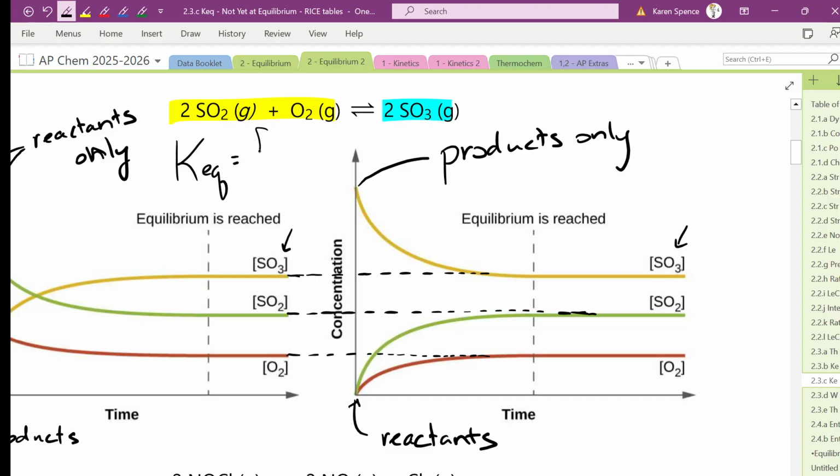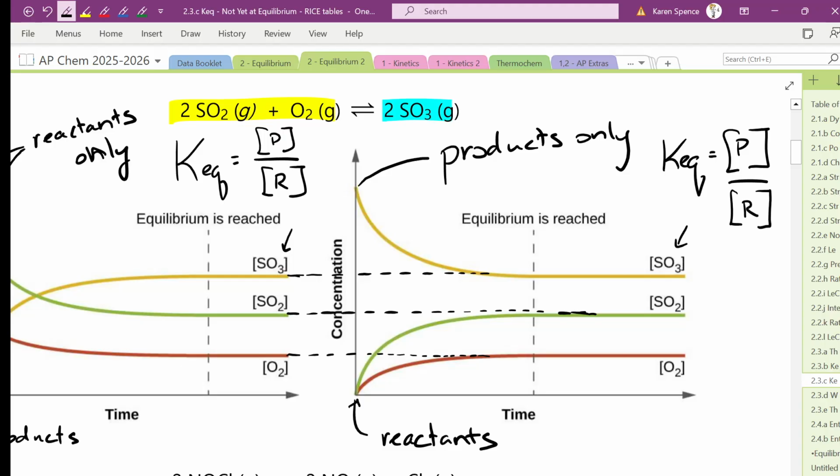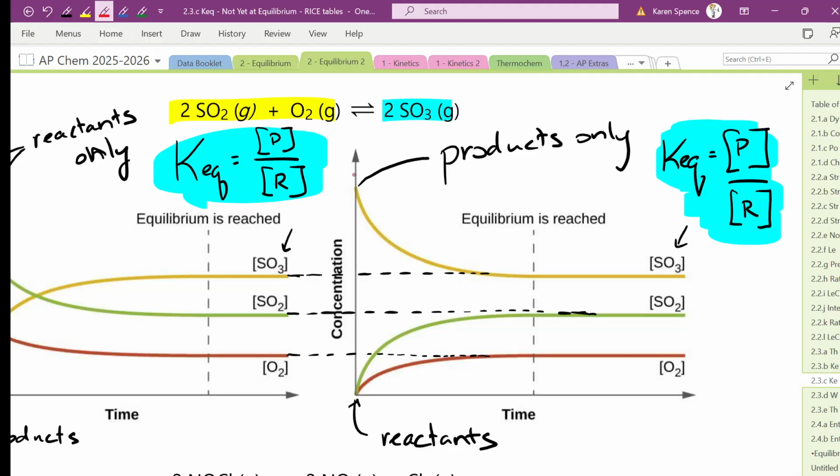KEQ, which is the concentration of products over the concentration of the reactants, these two are the same.